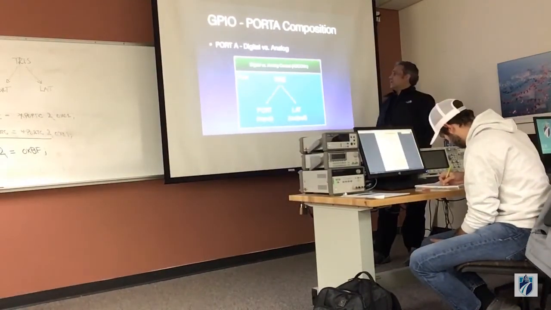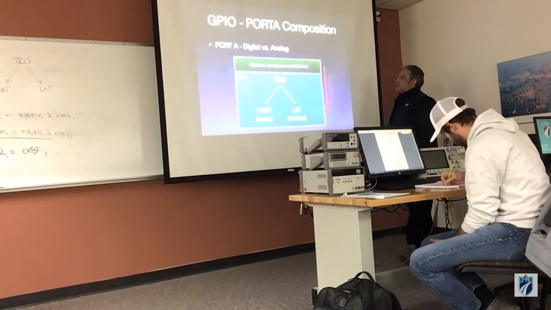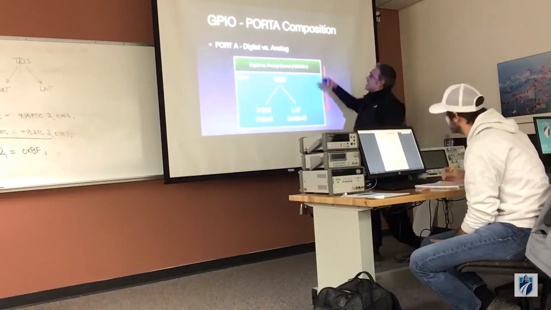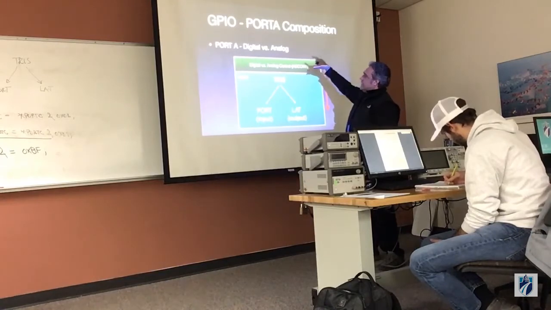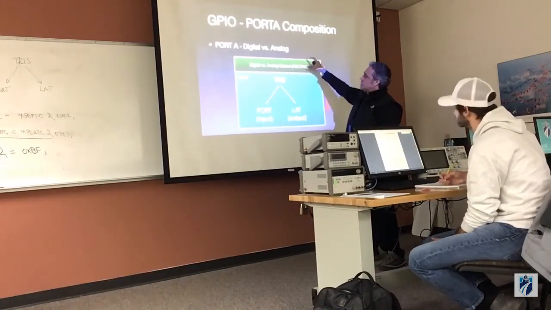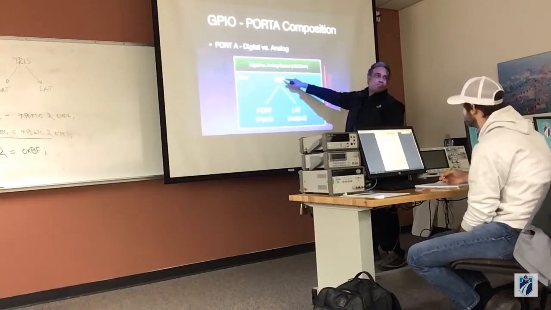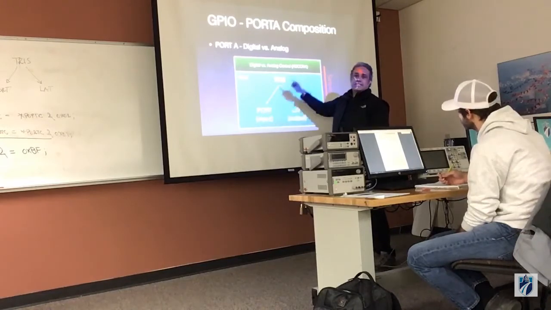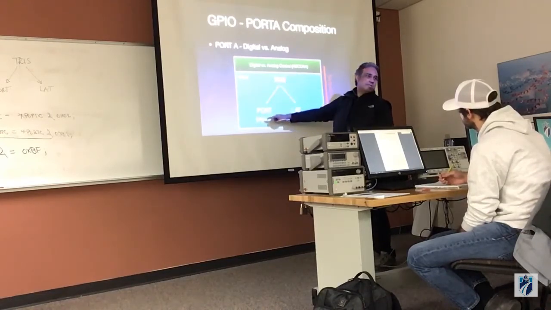Okay? So what this means is that you got to follow the sequence. You got to have the analog control taken care of first so that the tri-state makes sense. And you cannot mess with the port unless the tri-state has been set up properly.